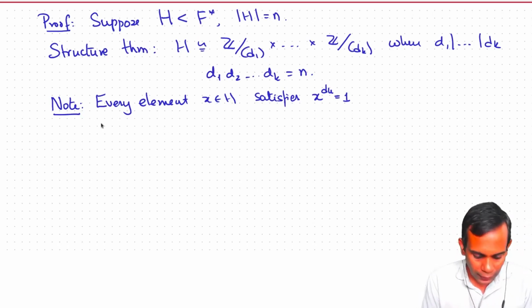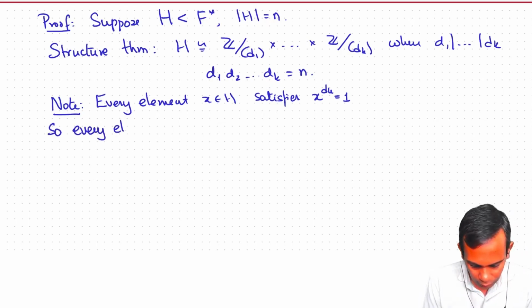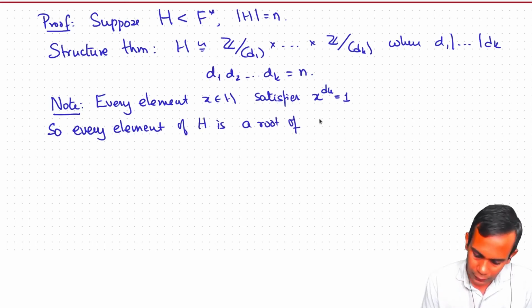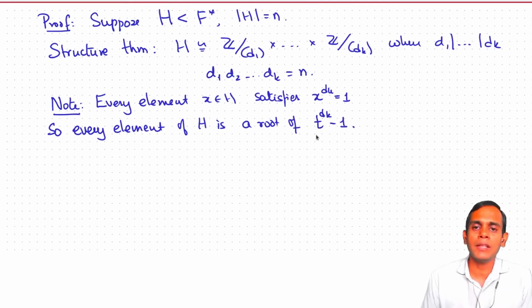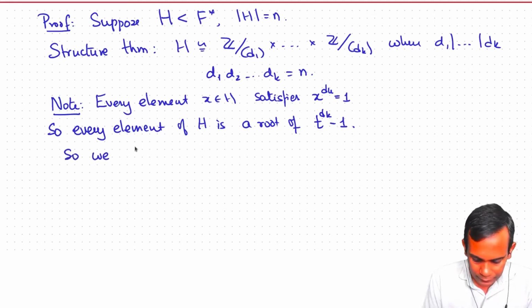And so what we have is that every element of H is a root of the polynomial t to the power dk minus 1. But this polynomial can have at most dk many roots, because it's of degree dk. And so we have that n is less than or equal to dk.